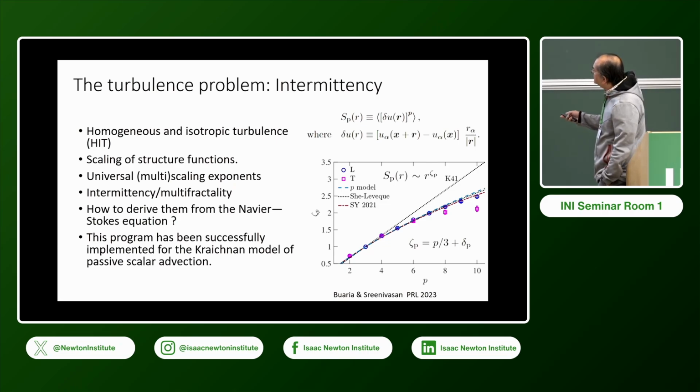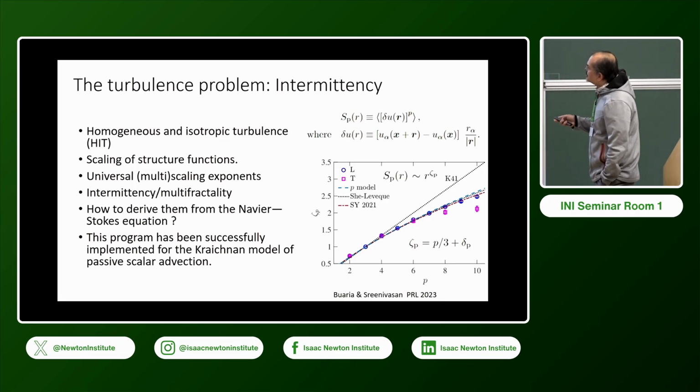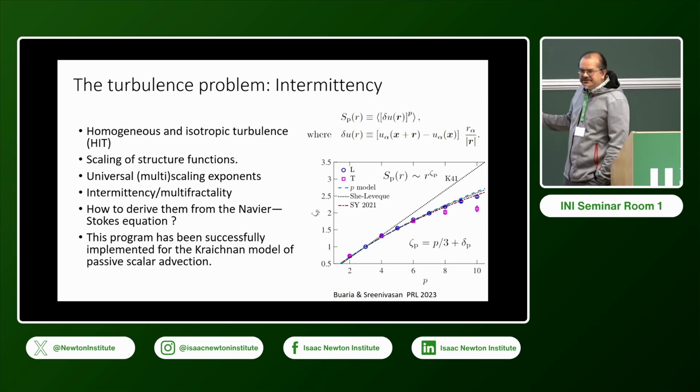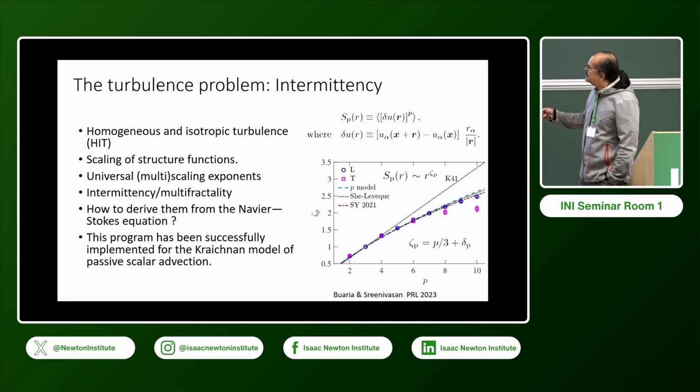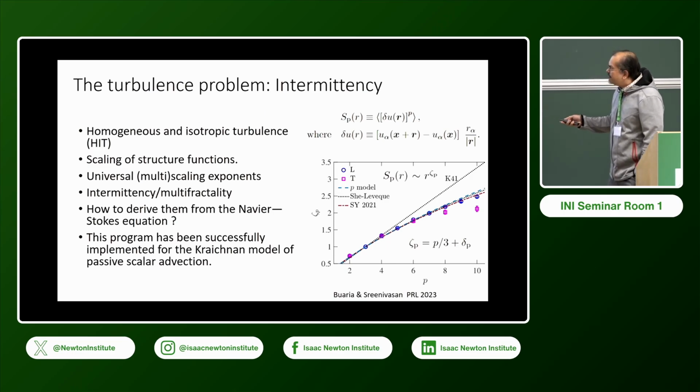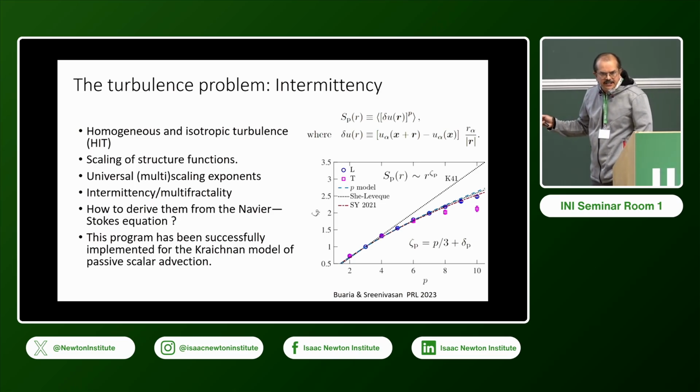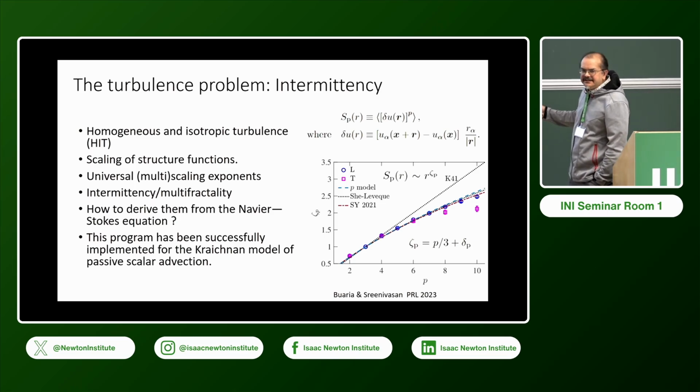These are the largest numerical simulations at the moment. These exponents are also supposed to be universal. This is a phenomenon called intermittency or multifractality. For a particular model, the Kraichnan model of passive scalar, this program has been implemented reasonably successfully, for which we have a theory of the zeta p's.